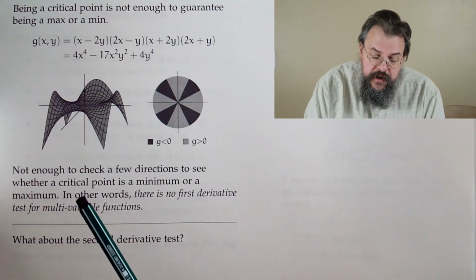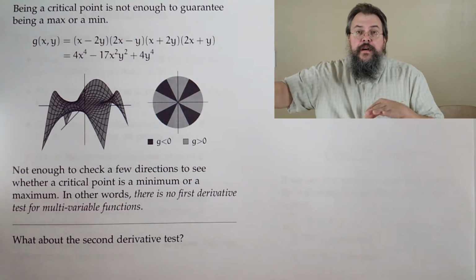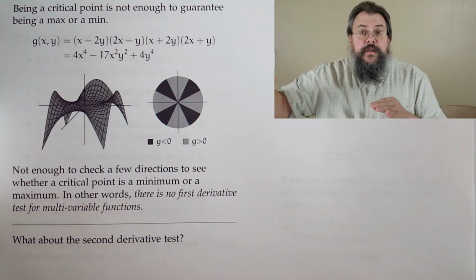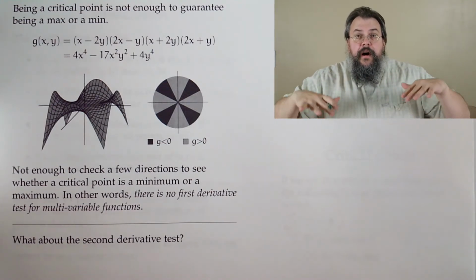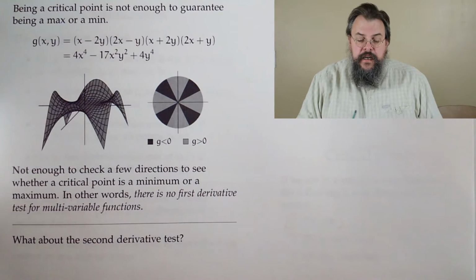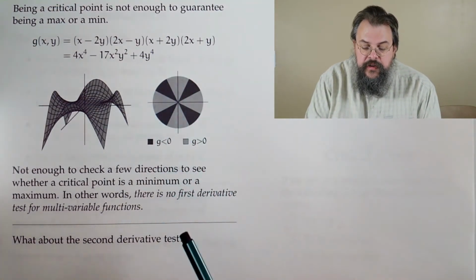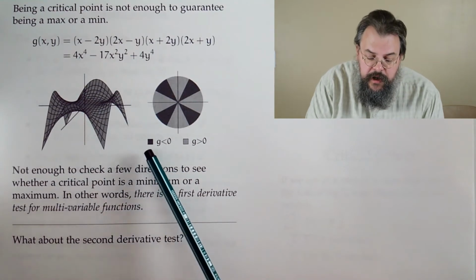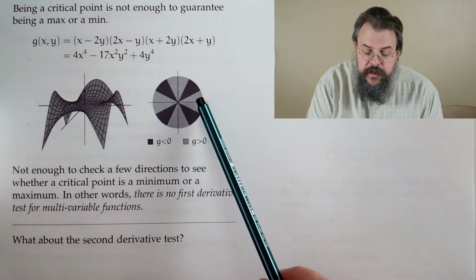In particular, suppose we slice it with the plane z equals 0, the xy plane. Parts of it will lie below, parts of it will lie above. We've color-coded it so that the parts which lie below are shaded dark and the parts which lie above are shaded light.